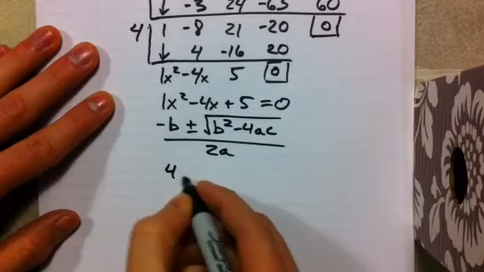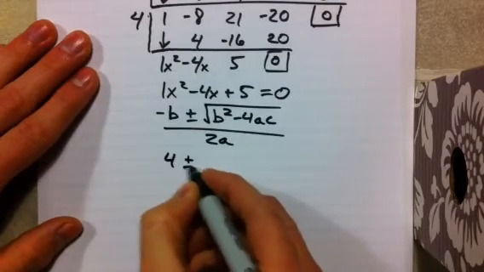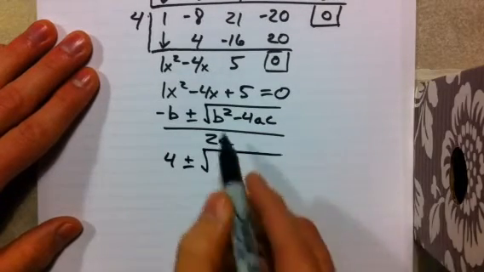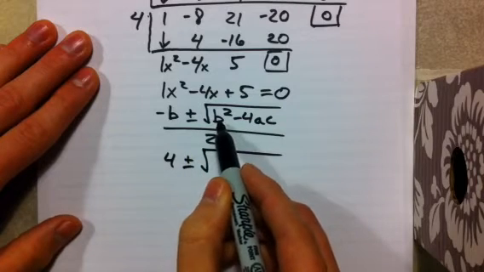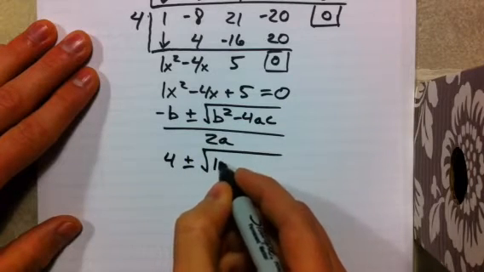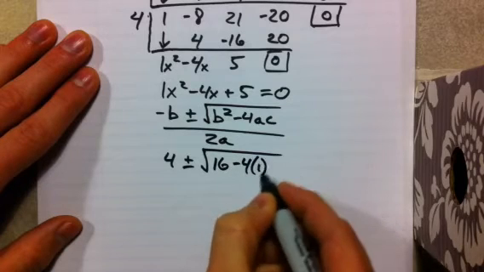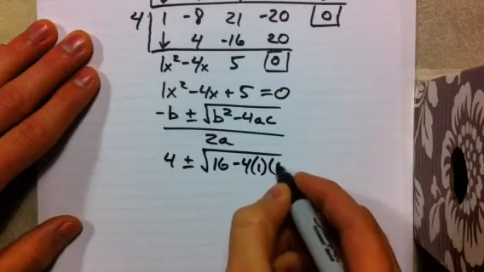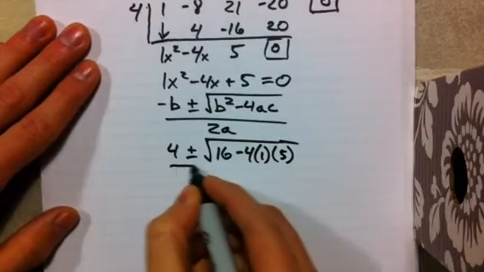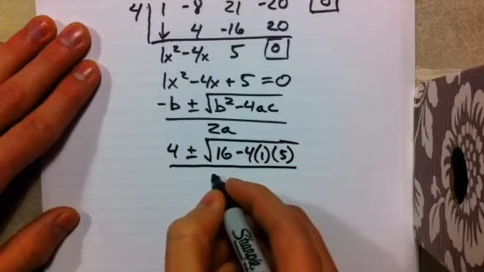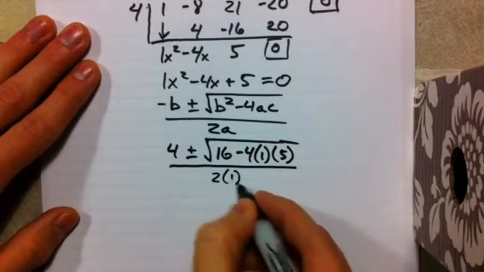So we get 4 plus or minus the square root of -4 squared, which is just going to be 16, minus 4 times 1 times 5, all over 2 times 1.